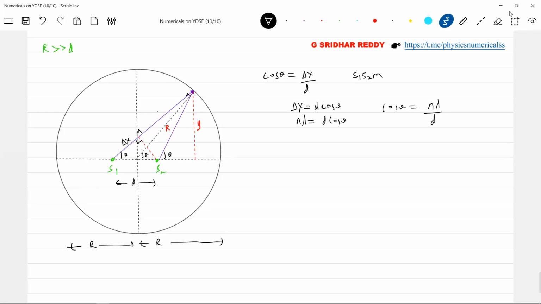Take d equal to 3 lambda, d equal to 4 lambda, d equal to 5 lambda. Then what are the corresponding values of n? n will start with 0, 1, 2, 3, 4. Let me put first d equal to 3 lambda. Then cos theta is equal to n lambda by 3 lambda, or n by 3.